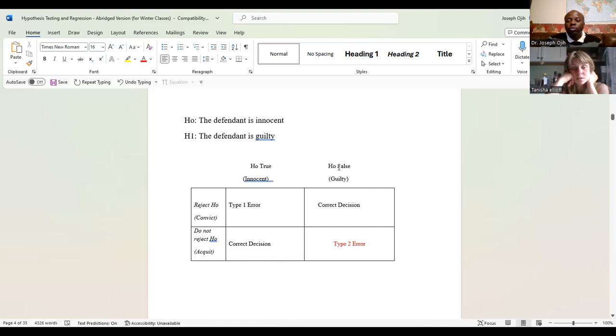But if H0 is false, that means the defendant is guilty, and then you reject H0, that means you convict him or her, you have made a correct decision. And so on and so forth. You are going to understand it more when we start testing hypotheses today. You get more idea of what we are doing, okay?